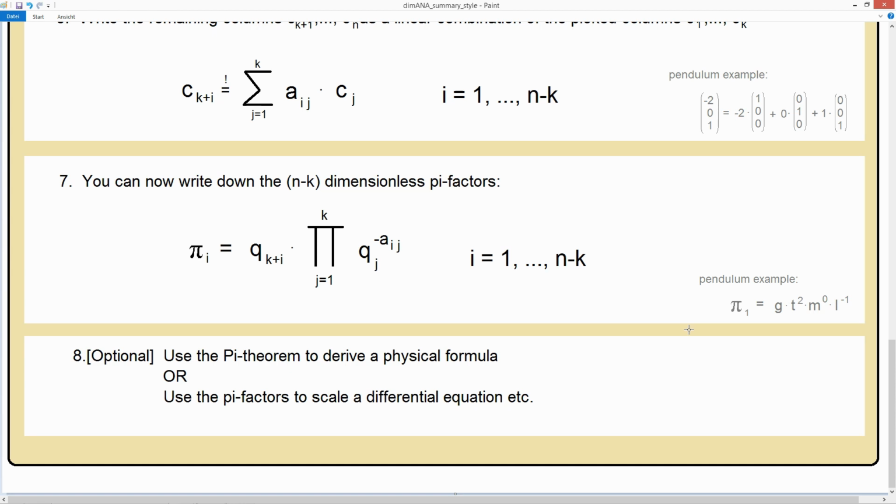Now we can use the pi factors to achieve something. For example, you can use the pi theorem to derive a physical formula. Or you can use the pi factors to scale a differential equation. If you want to derive a physical formula, you need to know the pi theorem at first.